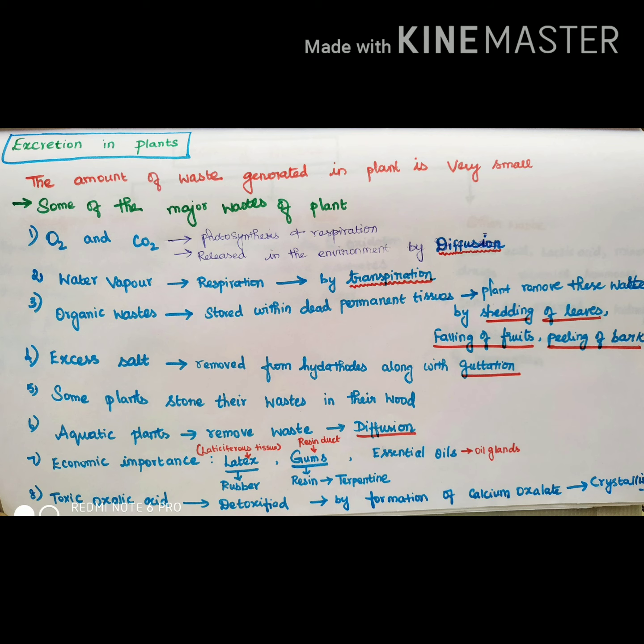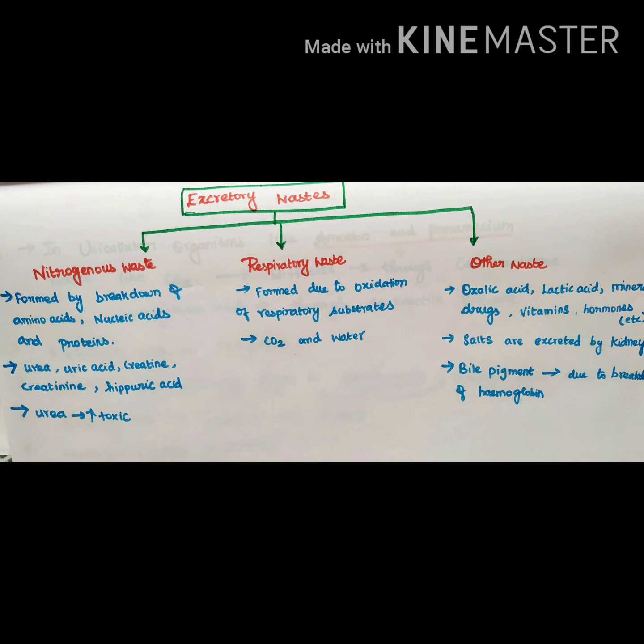Now we are going to see the types of excretory waste. There are 3 major types of excretory waste: nitrogenous waste, respiratory waste and other waste.